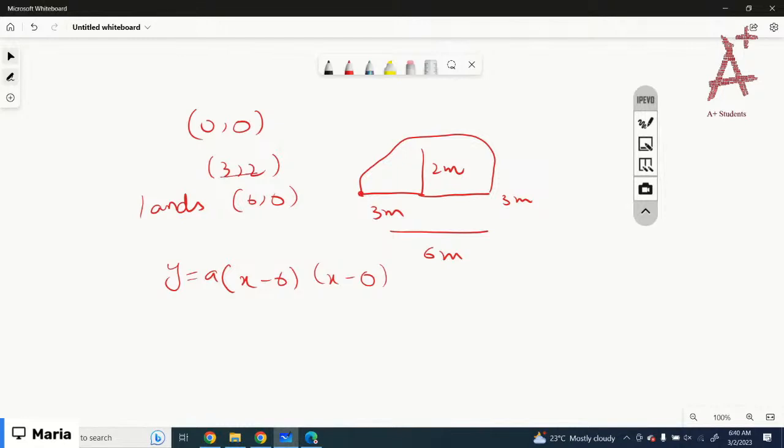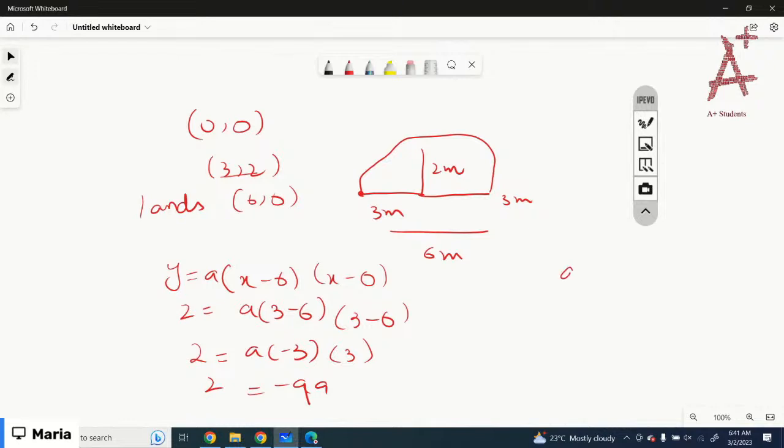Got it? Just put in the point (3, 2). It would be 2 equals a times (3 minus 6) times (3 minus 0). It would be 2 equals a times negative 3 times 3. It would be negative 9a equals 2. So a equals negative 2 over 9. Got it?